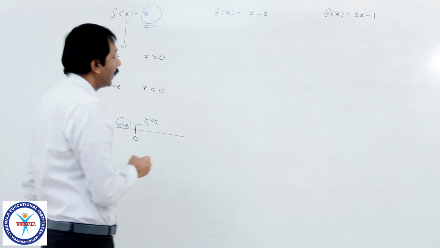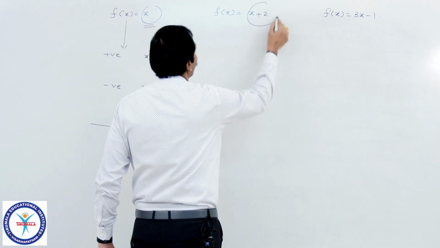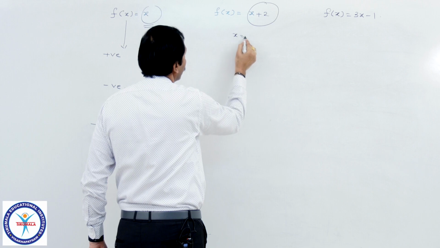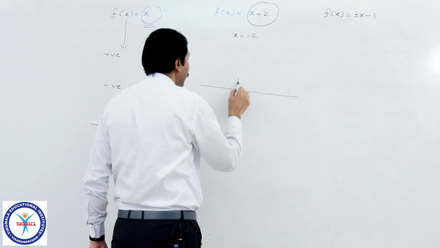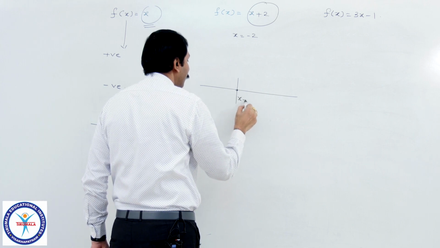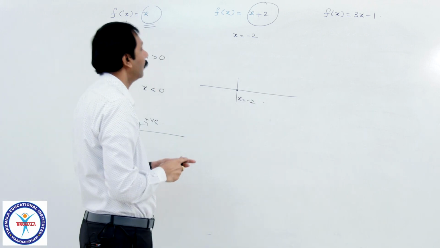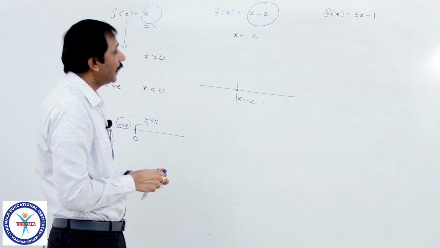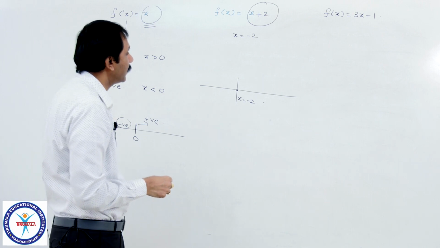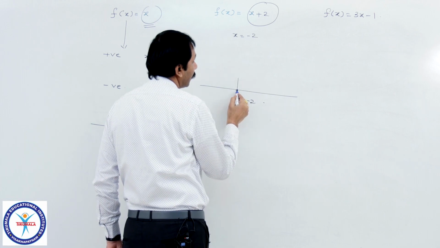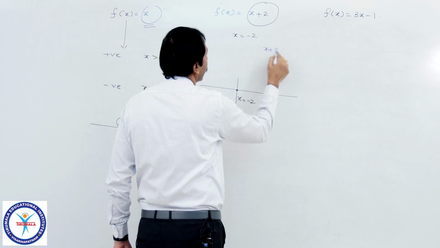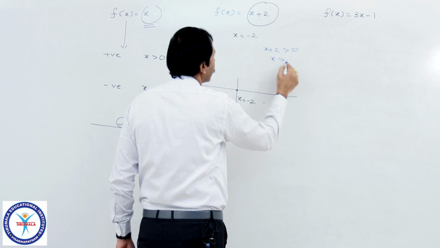And if I take the second one, x plus 2, what is the 0 of this polynomial? x equal to minus 2. If I take a real line and mark x equal to minus 2, where is x plus 2 positive and where negative? x plus 2 greater than 0 means x greater than minus 2.